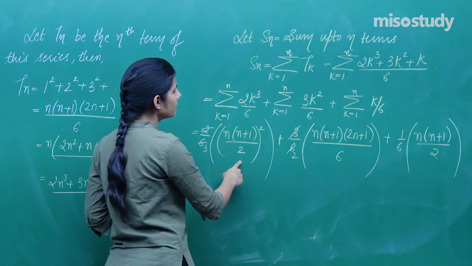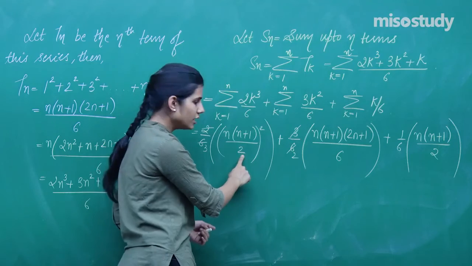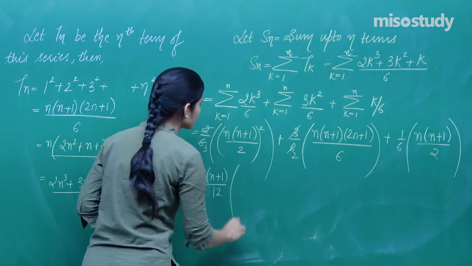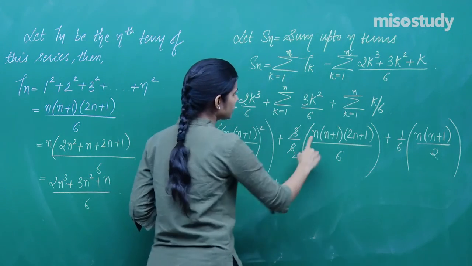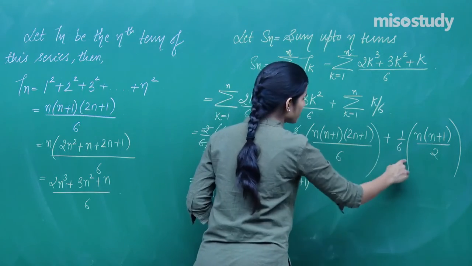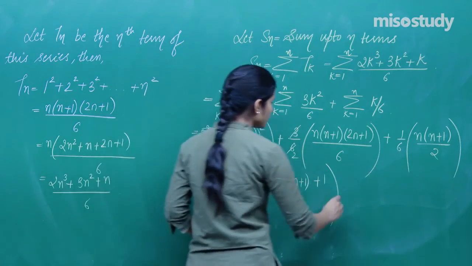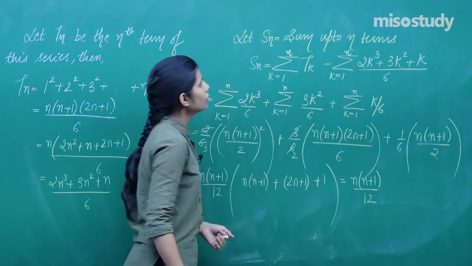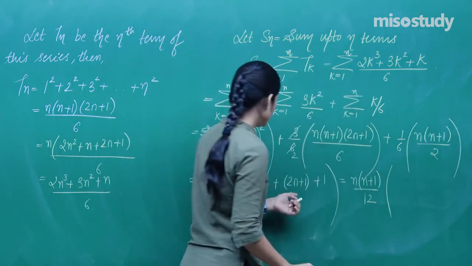Clearly n into n plus 1 by 12 is coming out common, because this is n into n plus 1 whole square upon 4, and 4 into 3 is 12. So n into n plus 1 by 12 comes out common. From here you are left with n into n plus 1. From here you are left with 2n plus 1. Since n into n plus 1 by 12 is common, you are just left with 1. This gives you n into n plus 1, 2n plus 2.